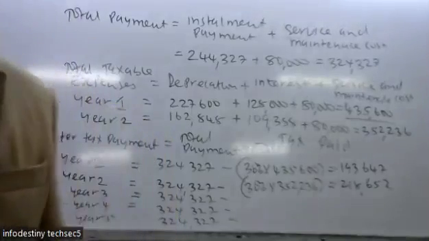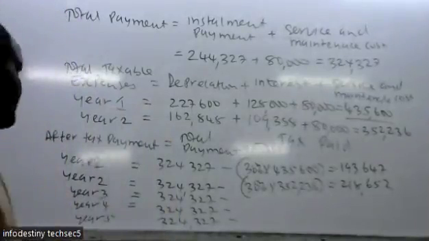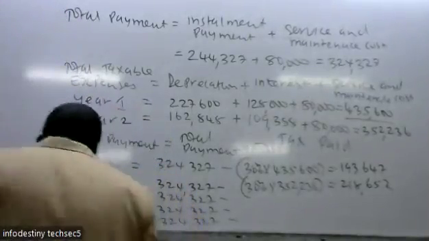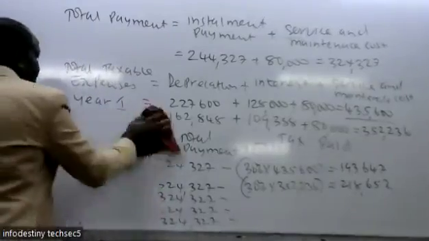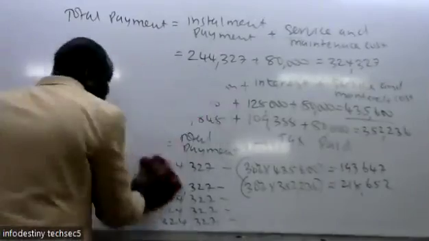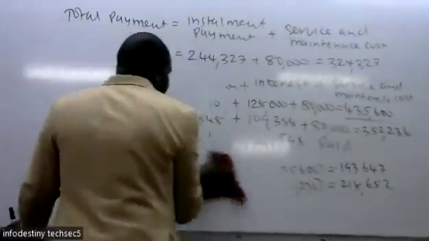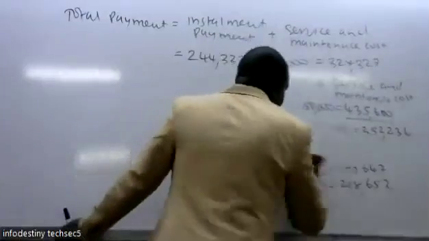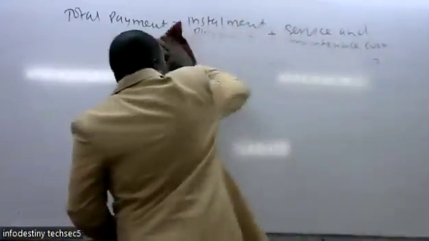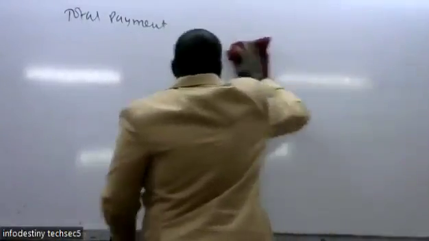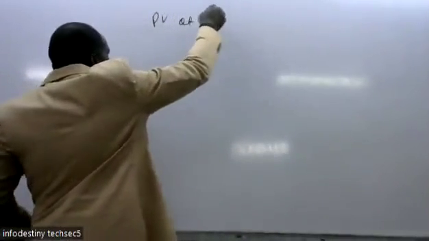So finally, we get the present value of those payments. So now get the present value of the costs.